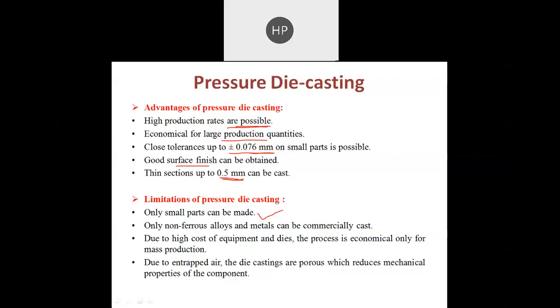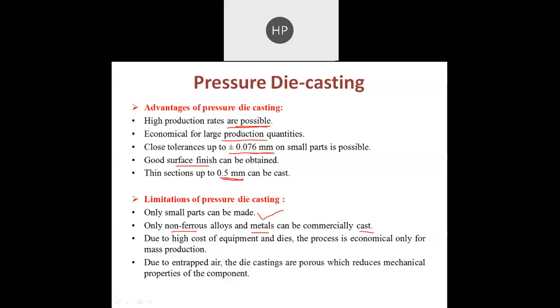So it is very, very difficult to handle this, and that's why pressure die casting is applicable only for small parts. Only non-ferrous alloys and metals can be commercially cast, and that too up to a certain temperature only.